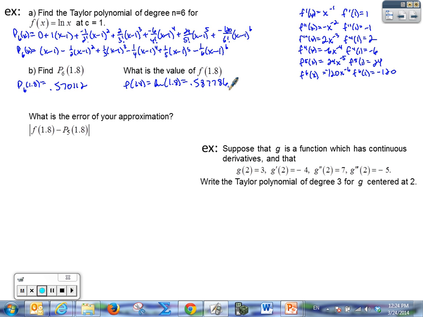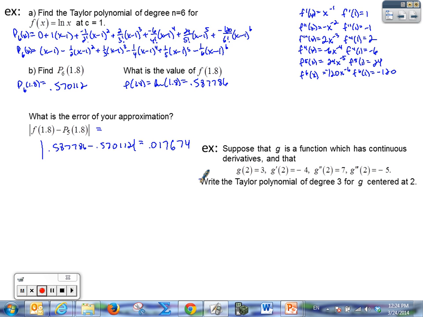Our error is real minus the approximate. So 0.587786 minus 0.570112. And the error is 0.017674.